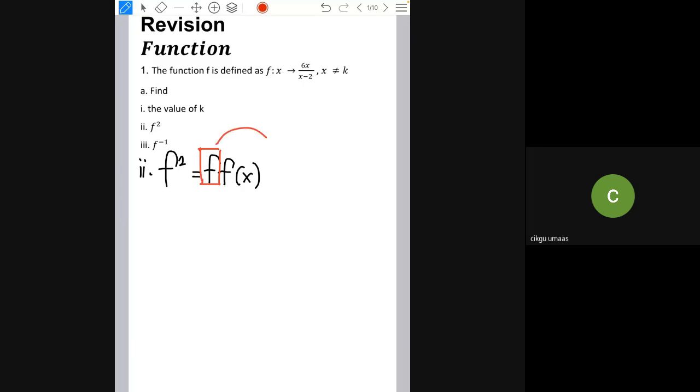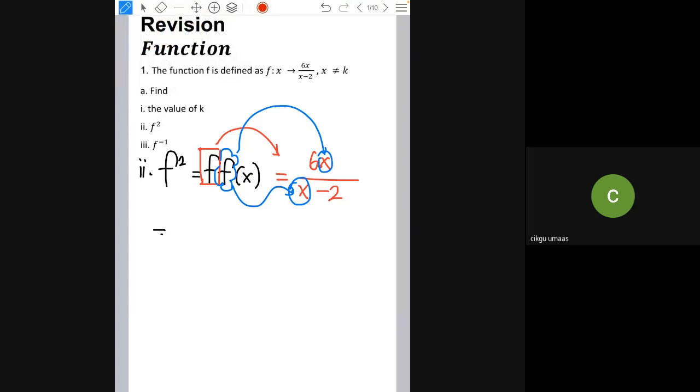So my first alphabet here is 6x over x minus 2. All right? Next step, my second alphabet, which is f, I will take this and I substitute that into the x. Any question?